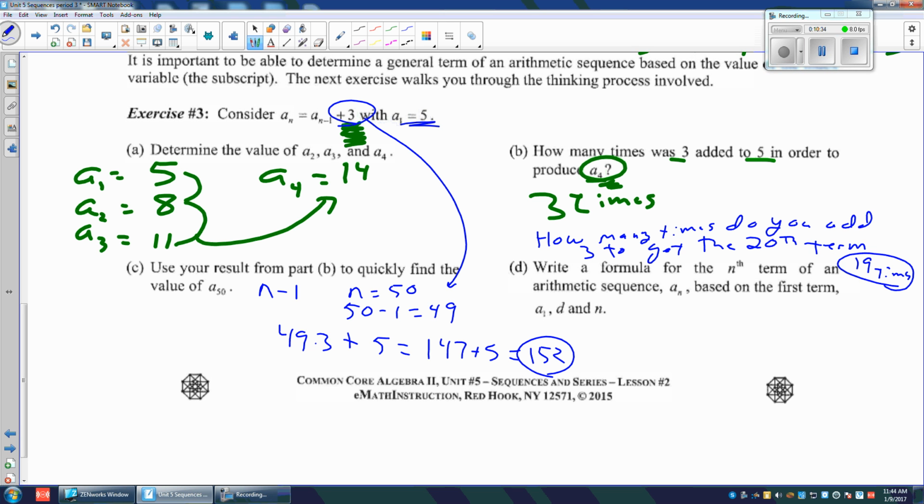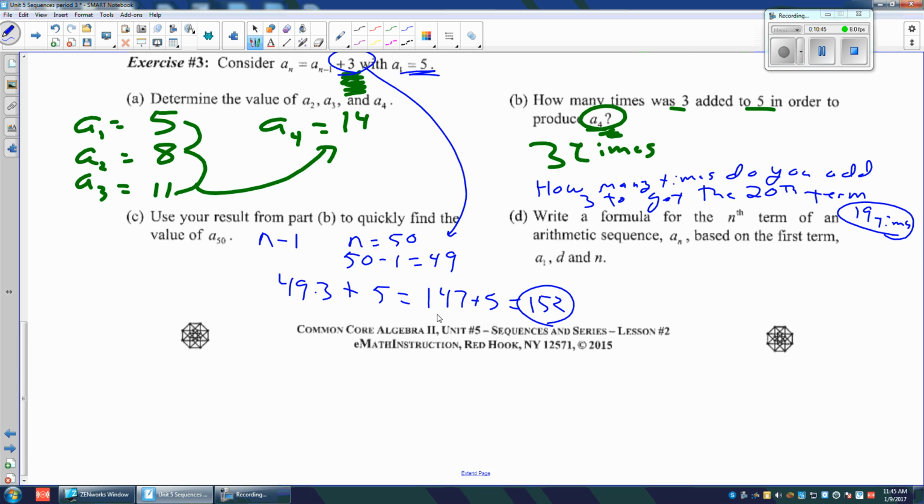To get 152. Write a formula for the nth term of an arithmetic sequence, a sub n, based on the first term, a sub 1, d, and n. We're bringing it together here. So we're going to have an n minus 1, because we take the number of terms minus 1. Then I multiplied it by the difference. It's going to be a d, not a 3.